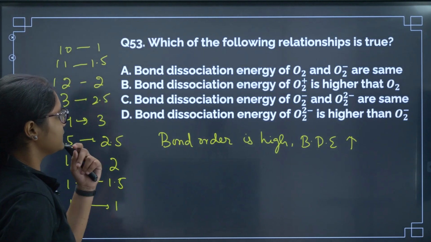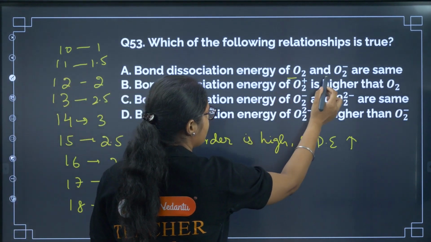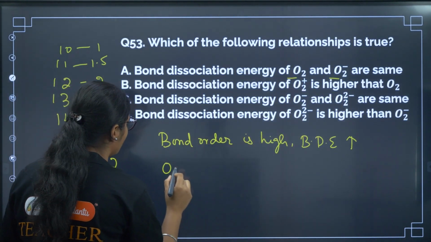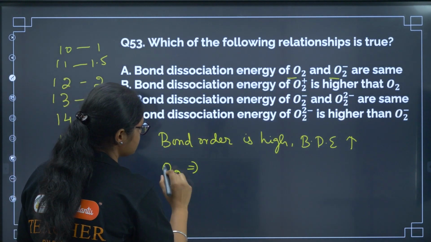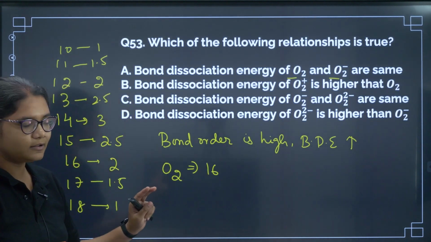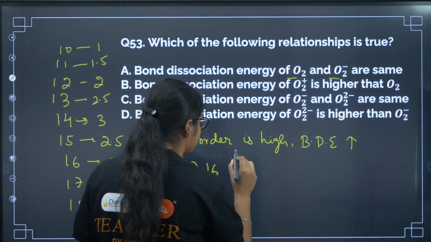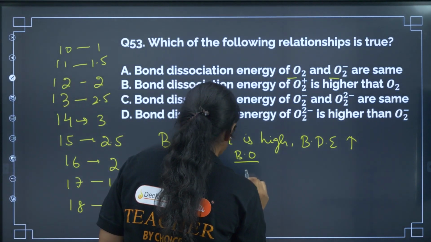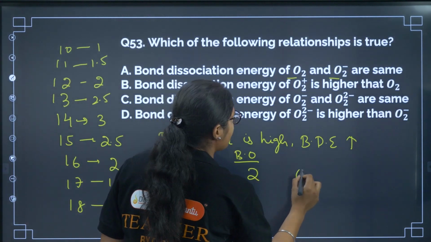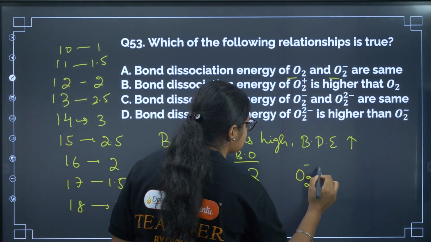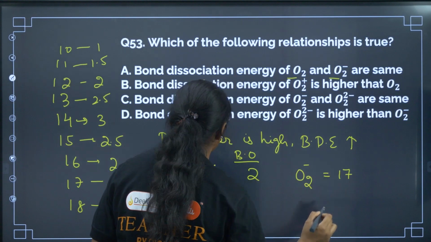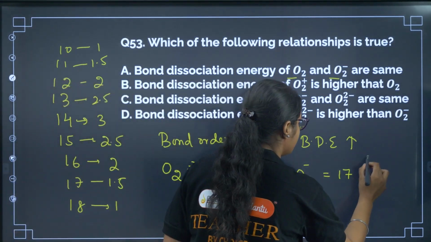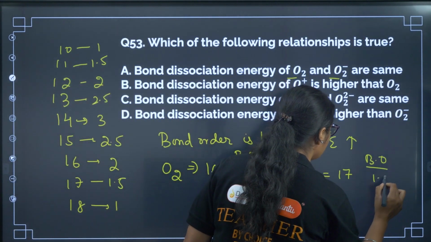Right. Now let us see what the values given here are. O2 and O2 minus. O2 has how many electrons? 16 total, 8 plus 8. For 16, what is the bond order? Bond order for 16 is 2. And we have O2 minus. Here the total number of electrons is 17. For 17, the bond order is 1.5.